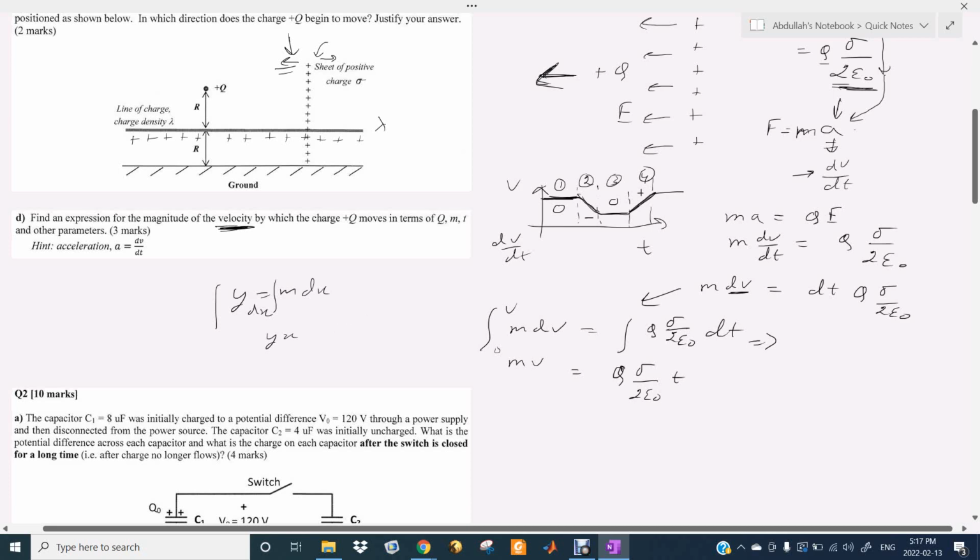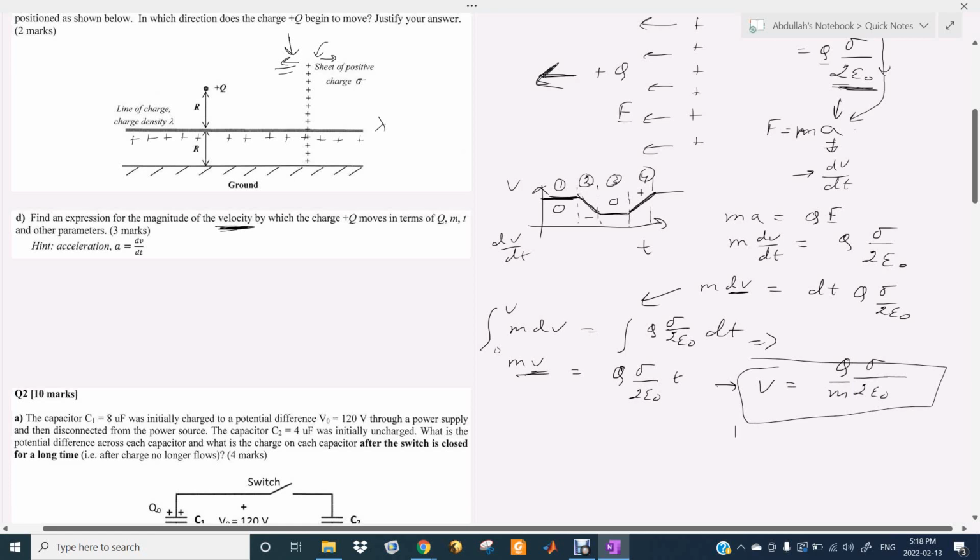We are just integrating left and right. Since the left integration gives v, the velocity that you need, and on the right it's t, now just replacing the values, you will have q sigma by 2 epsilon naught divided by m. So that's the equation they are looking for in part D.